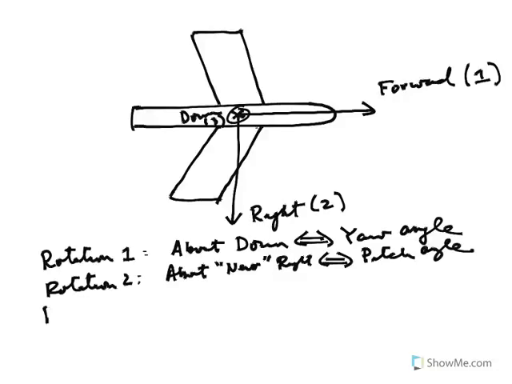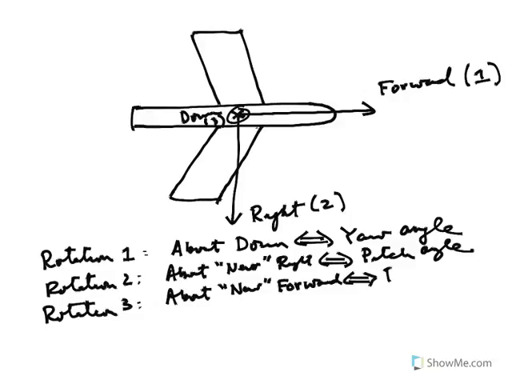And then the third rotation, you rotate about the new forward direction. Once you do the first two rotations, your aircraft has been yawed and pitched, and then this is called the roll angle.